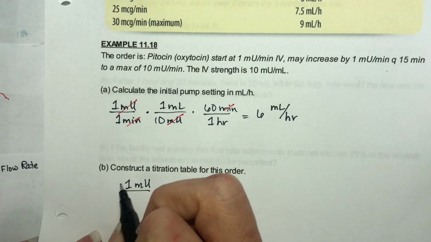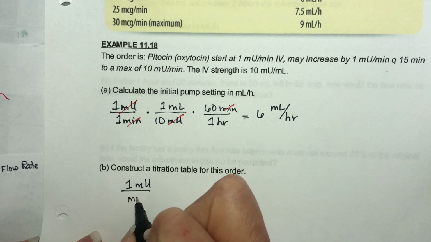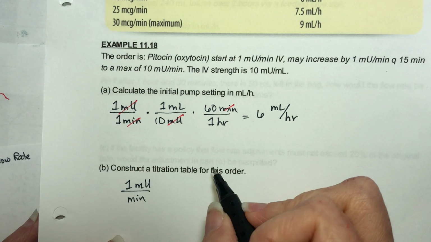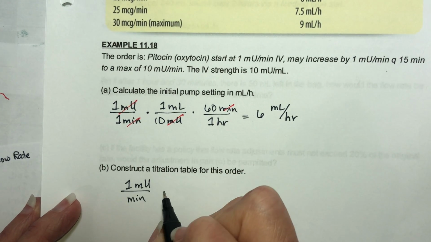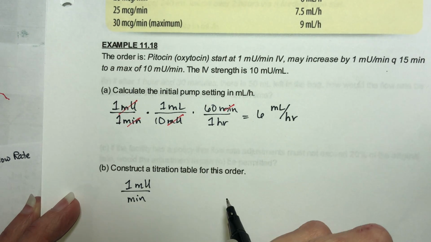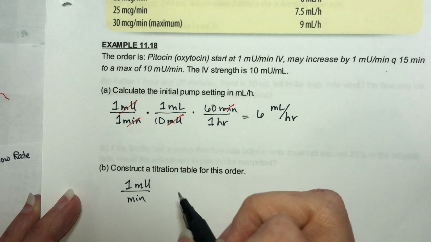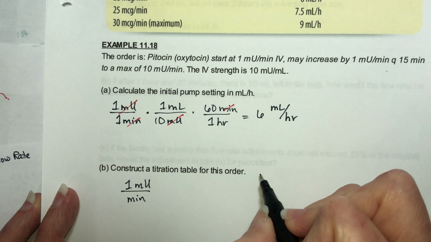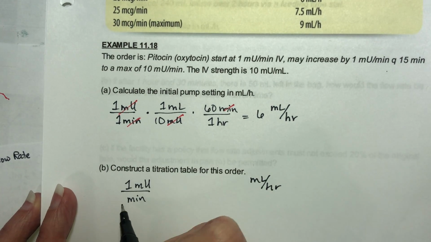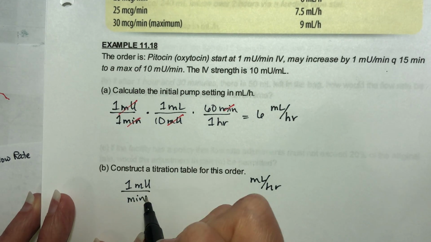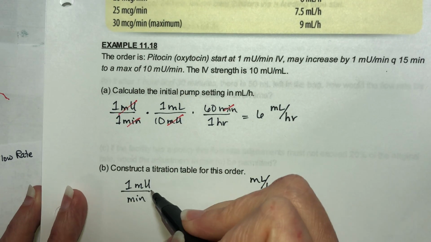Well, our order is 1 milliunit per minute, and we want this in milliliters per hour. If we go up by 1, then what we get is exactly, look right here.